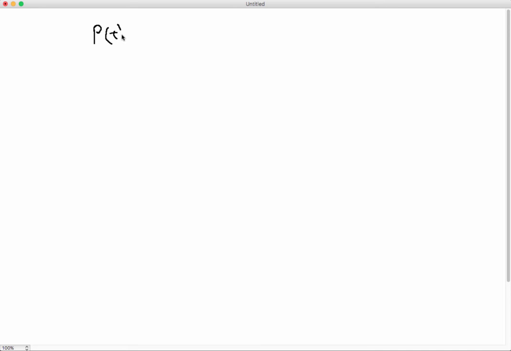It says that P of t, the population or percentage or parts or whatever you're going to get with respect to time, is equal to P sub 0 e to the rt. That turns out to be an exponential function, because the variable t is up here in the exponent. So it's an exponential function with a base of e.